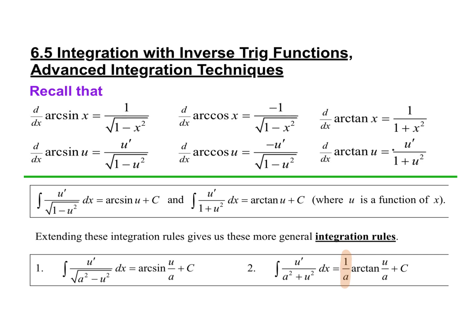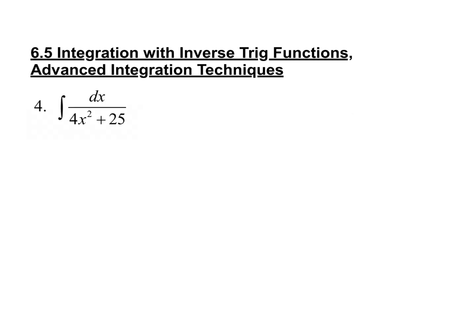All right, so here we're going to go through a couple examples. Yeah, we're going to go through 2 examples. All right, so go from your book, number 4. Now this isn't quite in the form that we're used to seeing. Is this a potential arc sine or arc cosine?